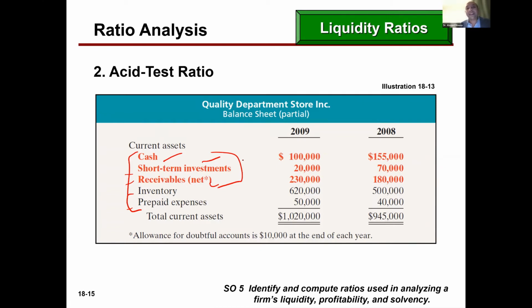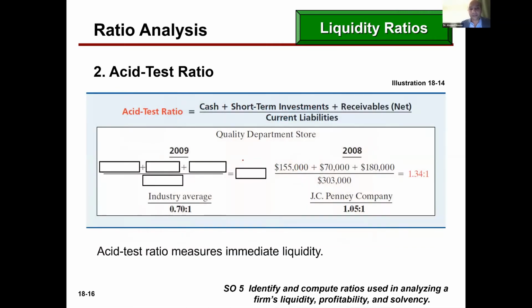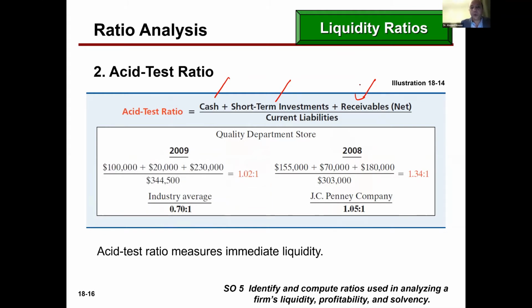So let's see if I pay my debts from the most liquid assets, whether I will be in a good liquidity position or not. Here I divide only the cash, short-term investments, and receivables, not all the current assets, by the current liabilities. And here it will be 1.0221.